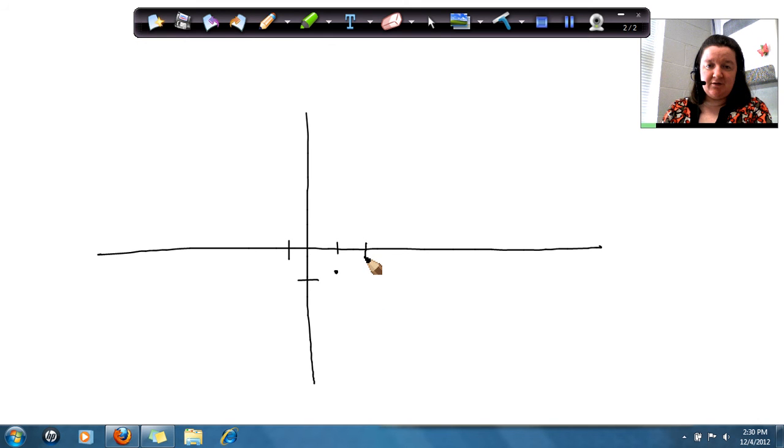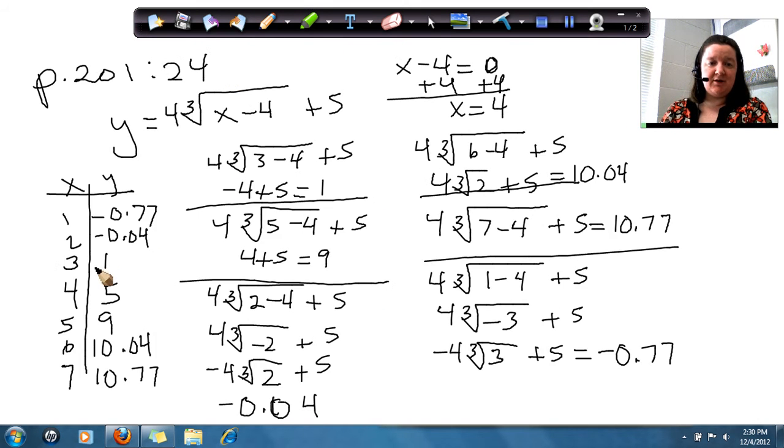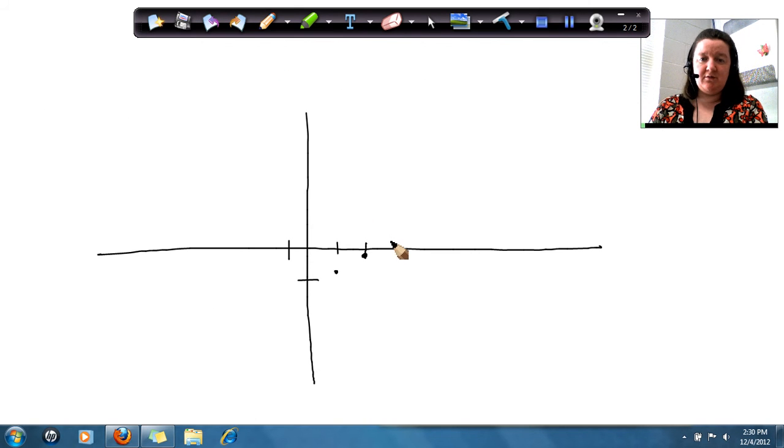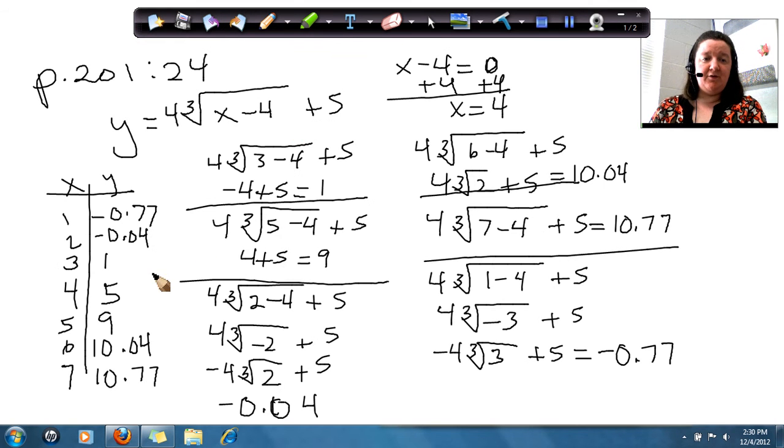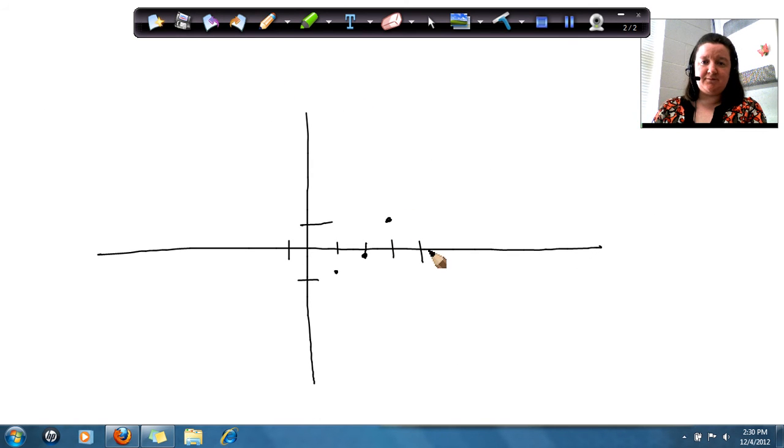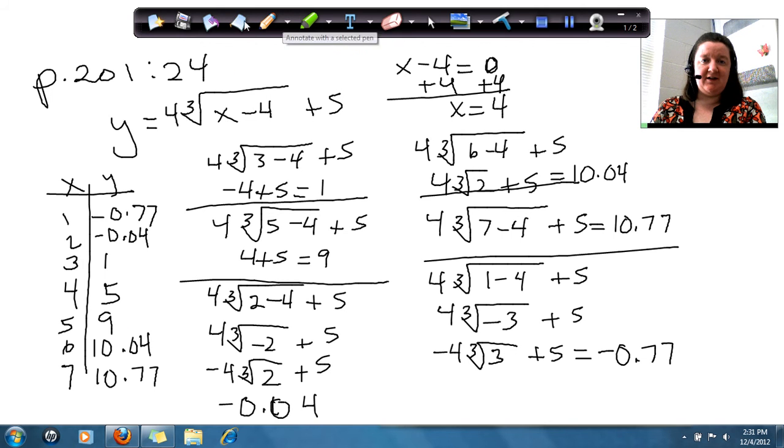So that's going to be pretty close to the line. Then we're going to go back over here, 3. It's going to give us a value of 1. So we're going to be up here. If we're at 4, it gives us a value of 5. And then if we look back over here, we're going to have 9 next.